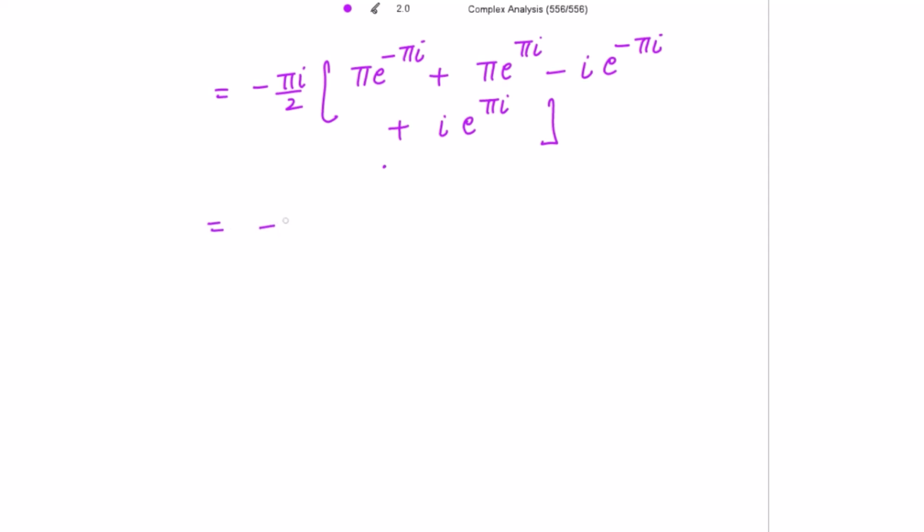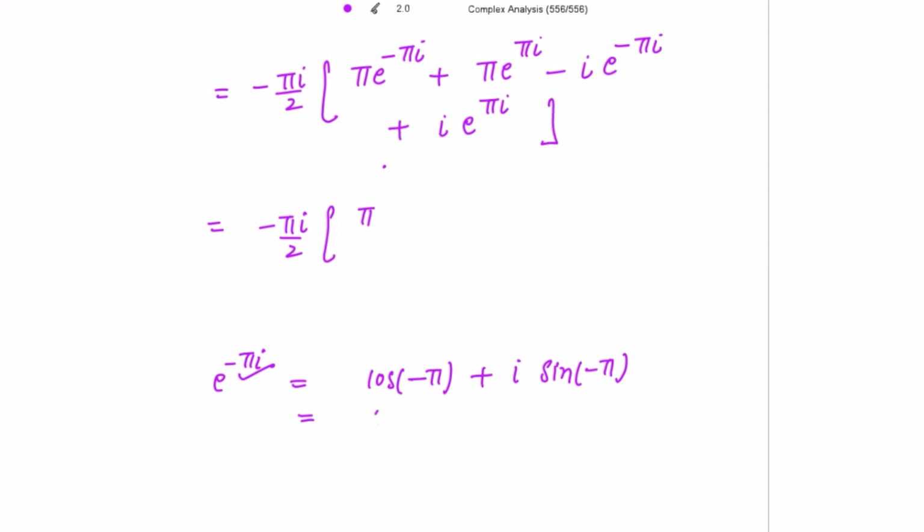Okay, so this is minus pi iota divided by 2, and now I am going to apply the Euler's formula for e to the power minus pi iota. What is that? It is cos of minus pi plus iota sine of minus pi.